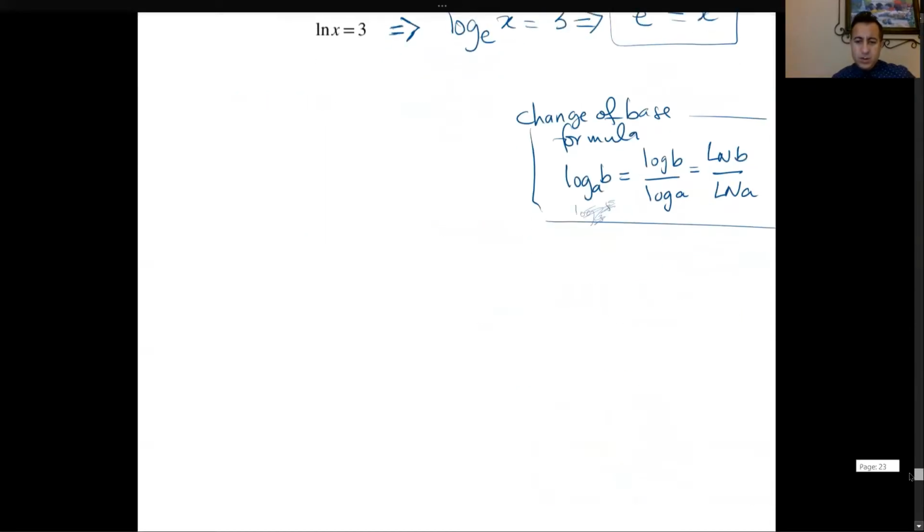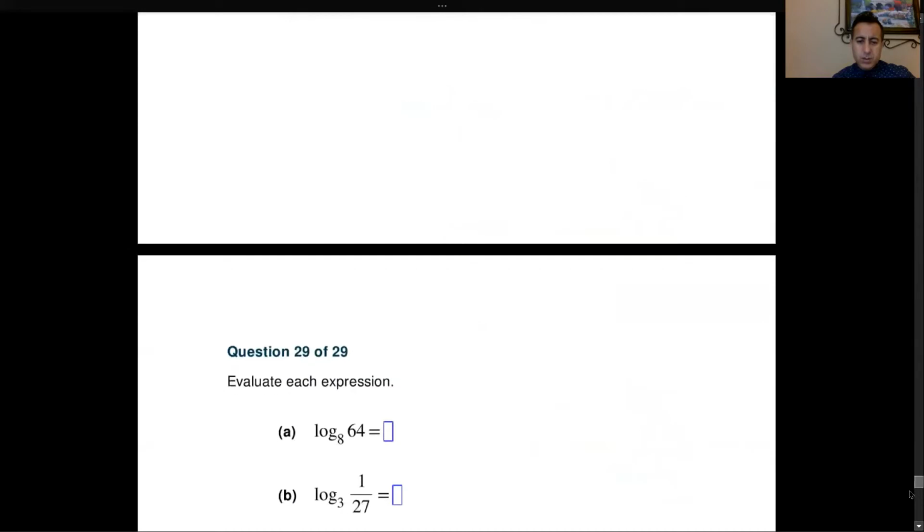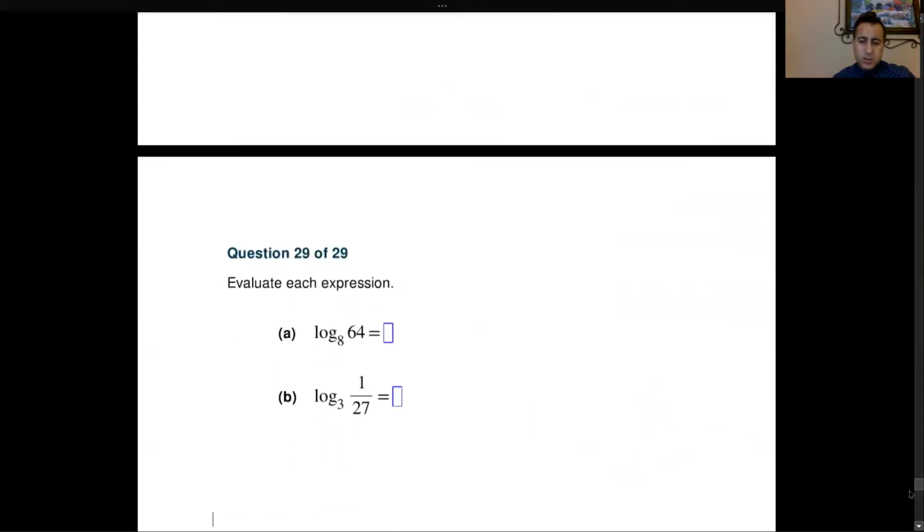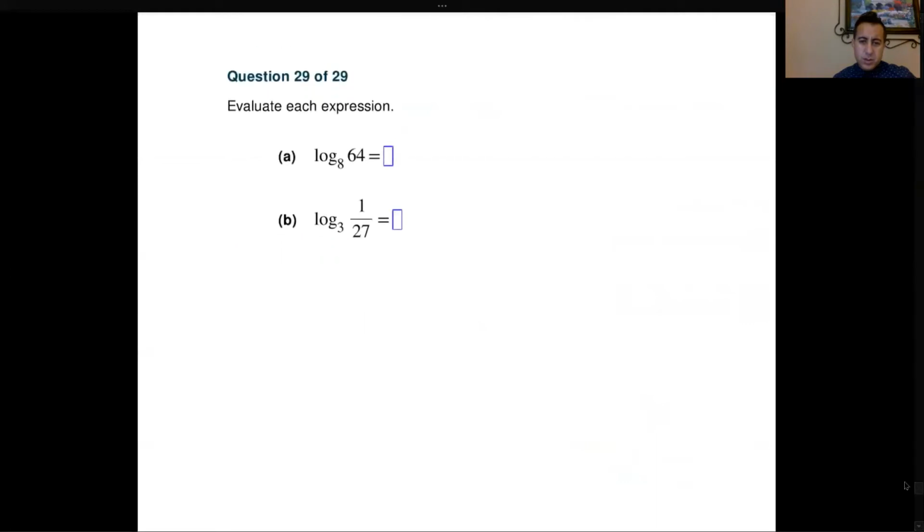So let's look at this last question here. So this last question is going to be a similar way, where we can ask to what power you raise 8 to get 64, right? And to what power you raise 3 to get 1 over 27.